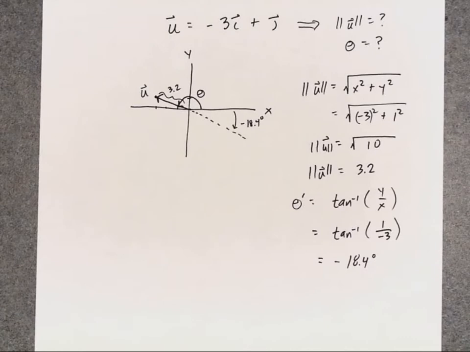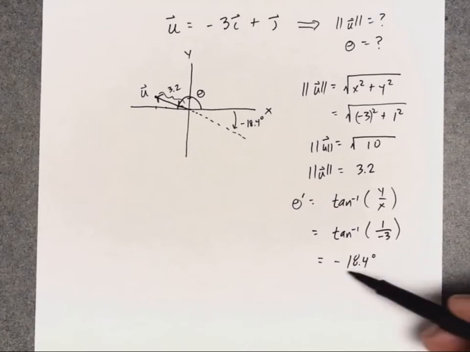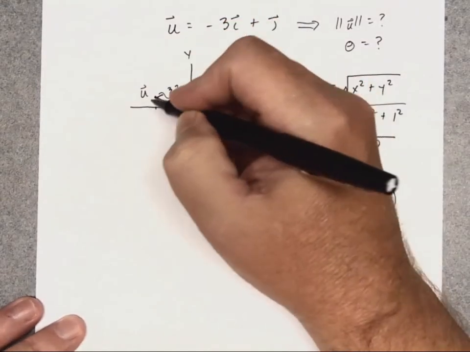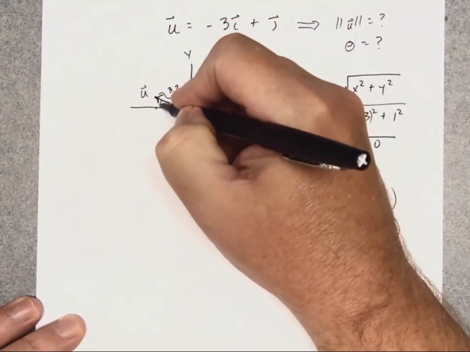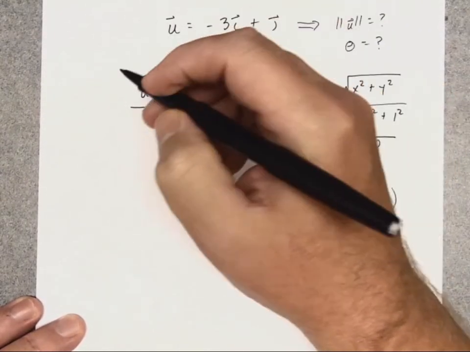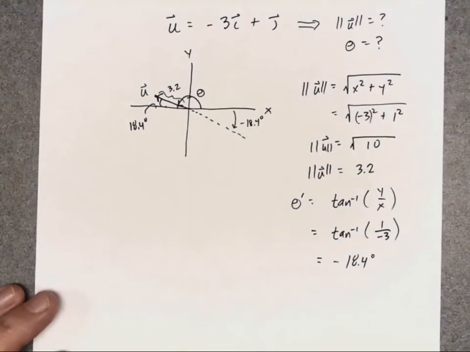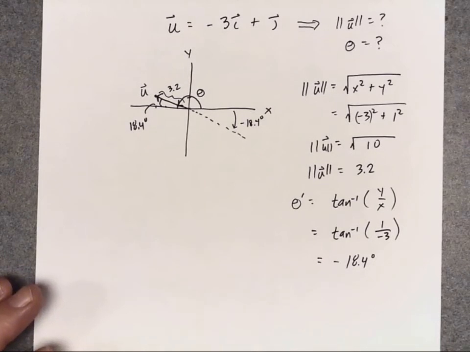So you have to realize that what I have here is the reference angle, and that angle right there is actually 18.4. Remember, reference angles mean the closest distance from your line to the x-axis.